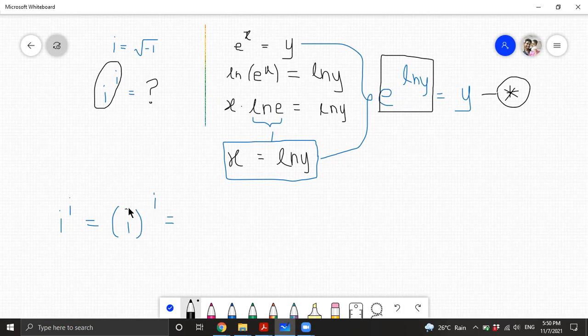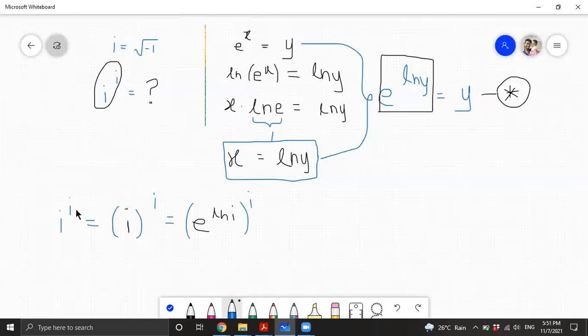So instead of this i, we are going to apply this star equation. Here for y, we can put e to the power ln y. Like that, for i, we can put e to the power ln i. Hope this is clear to you all.